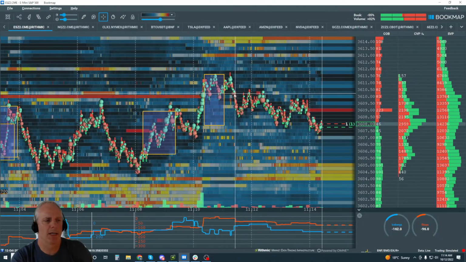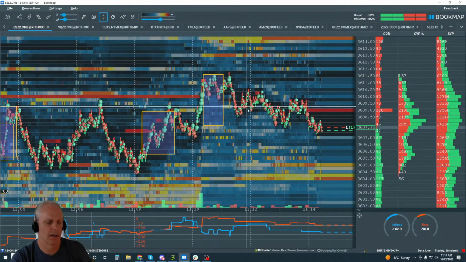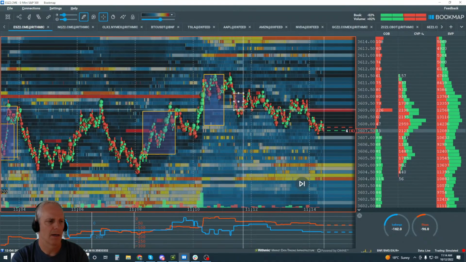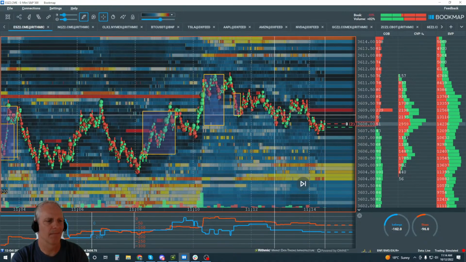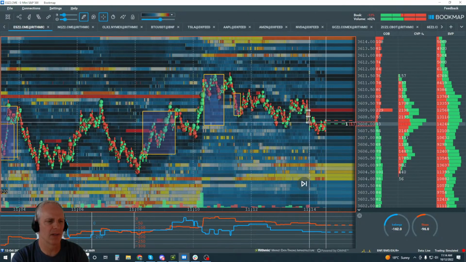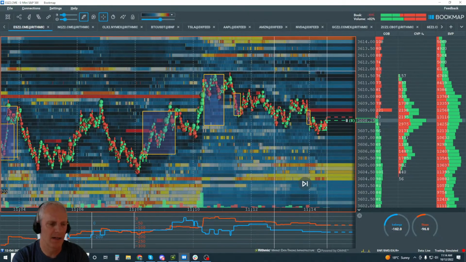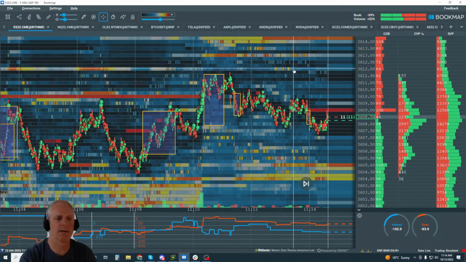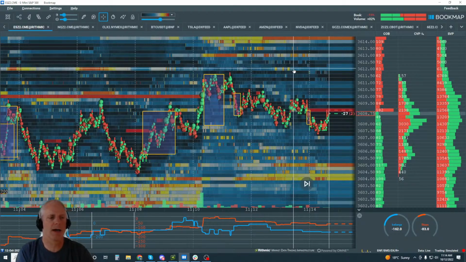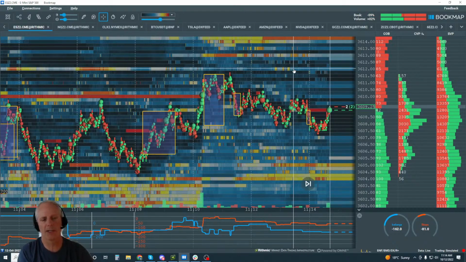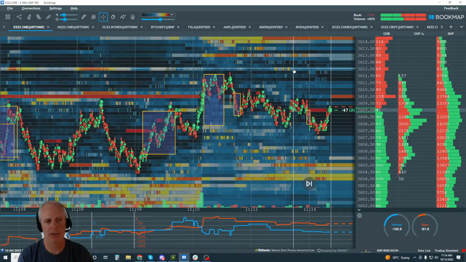You know, we can look at this little area here. Okay, and then there's really nothing. There's a little area in here. It's just not strong, right? So from the participants of these sellers in here, it's not convincing.